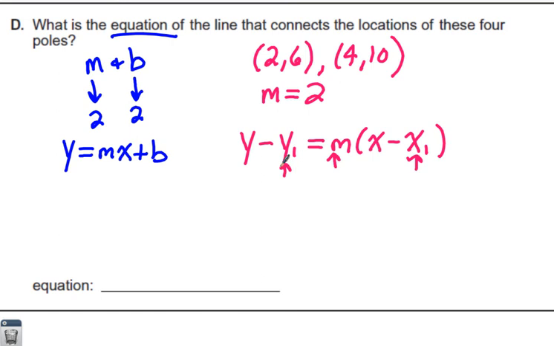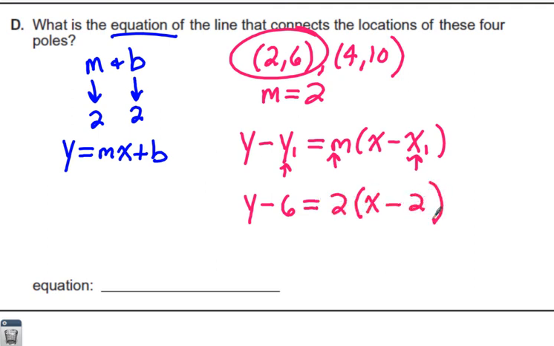With this point slope formula, you plug in for m, and then you plug the coordinates of one point in for x1 and y1. So I'm going to choose 2, 6. I'm going to plug in 6 for y1, 2 for m, of course, and there's x1, there's y1.